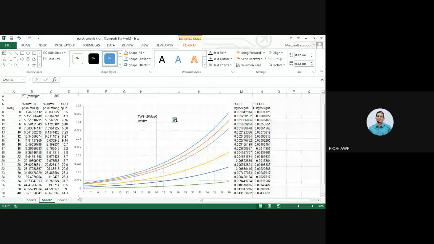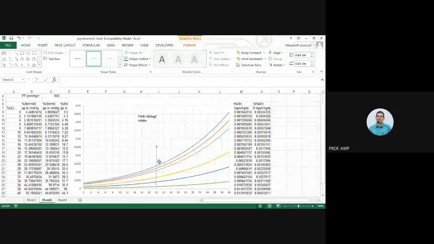How will I get this? How will I get the humidity corresponding to 20 degrees centigrade? I'll have to convert to vapor pressure, convert to humidity. Haven't we done that? Yes, sir. Where would that point be? 100% RH. Correct. That point would be somewhere along this 20 degrees centigrade line, but corresponding to 100% RH.